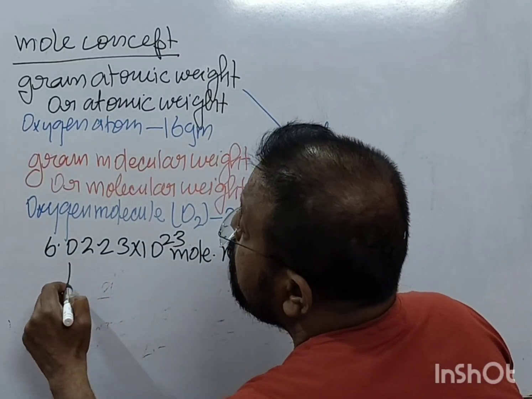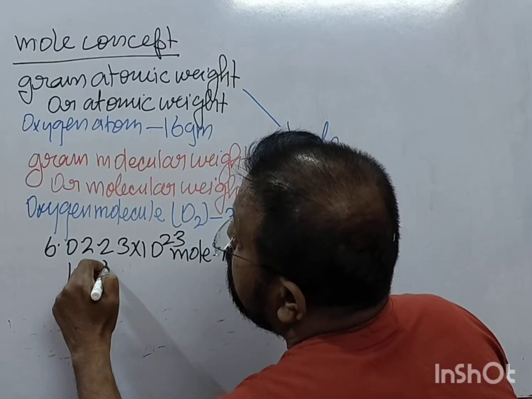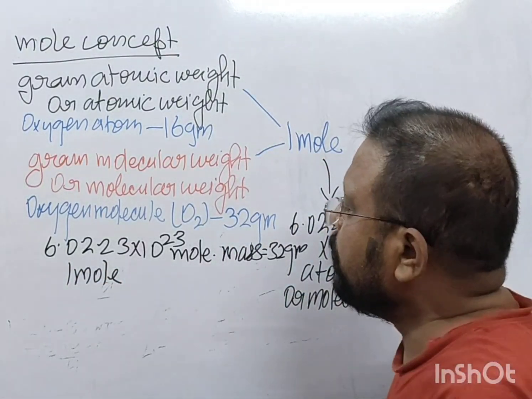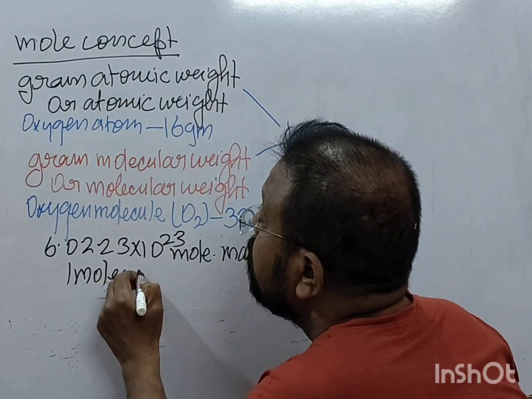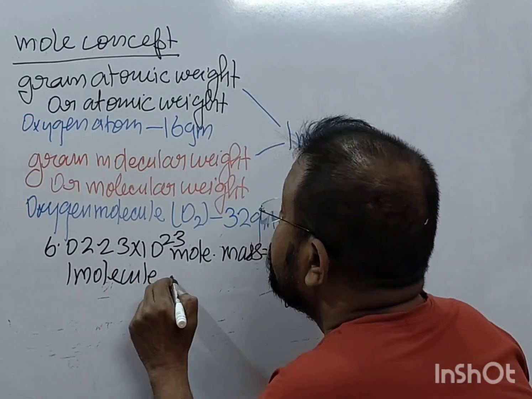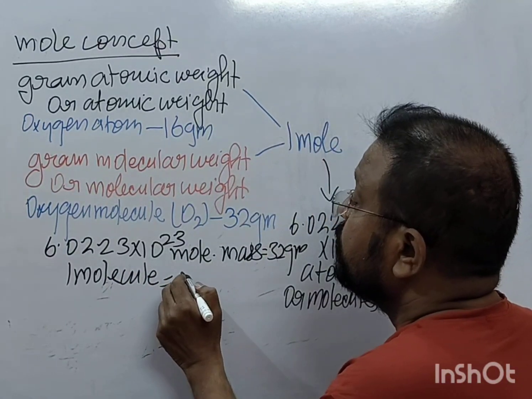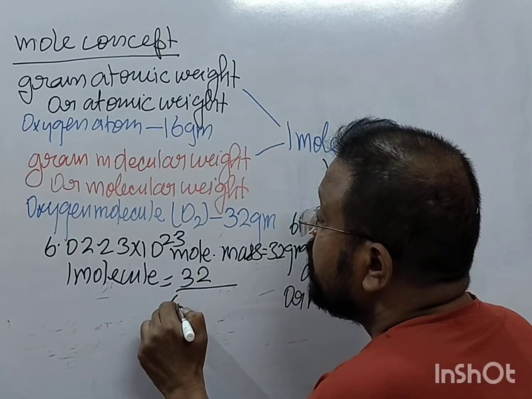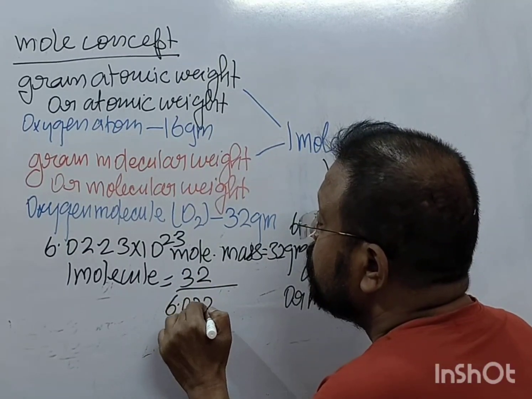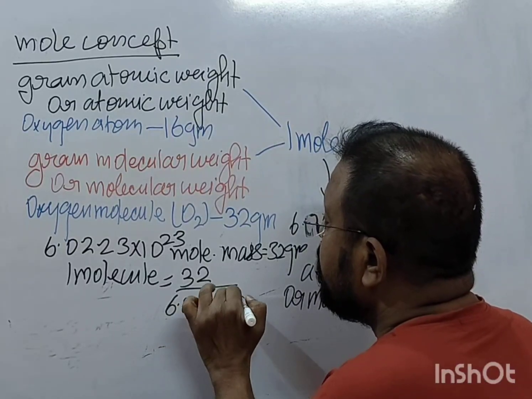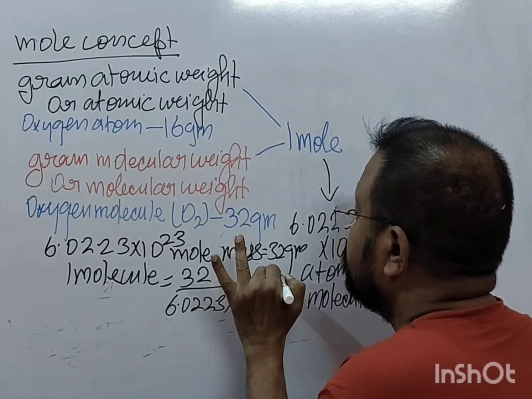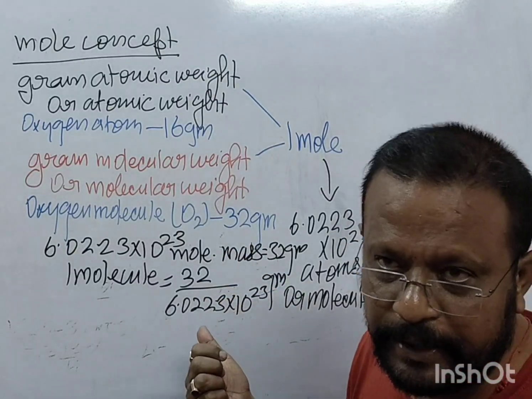So one molecule is equal to how much? 32 upon 6.0223 into 10 raised to the power 23 gram. You will get the value, right?